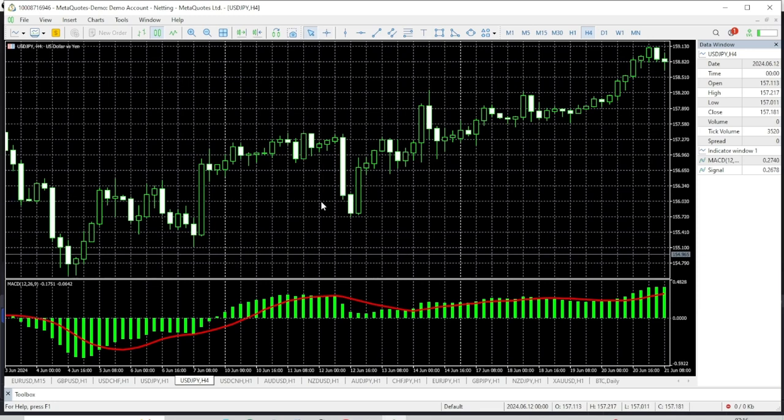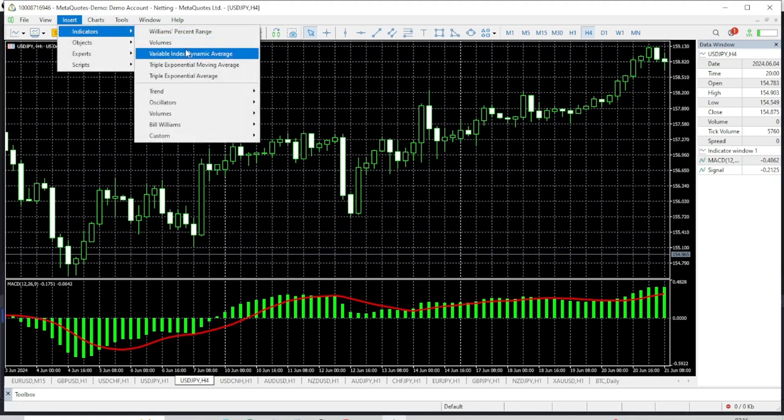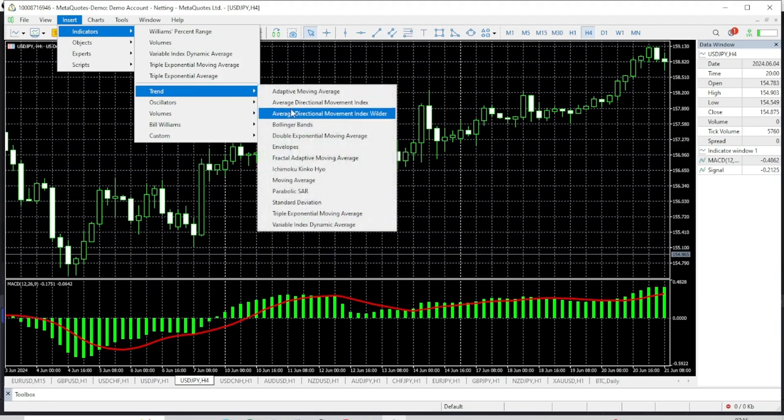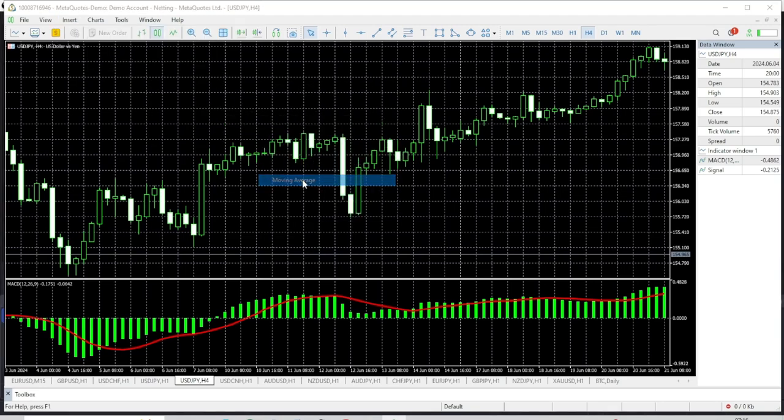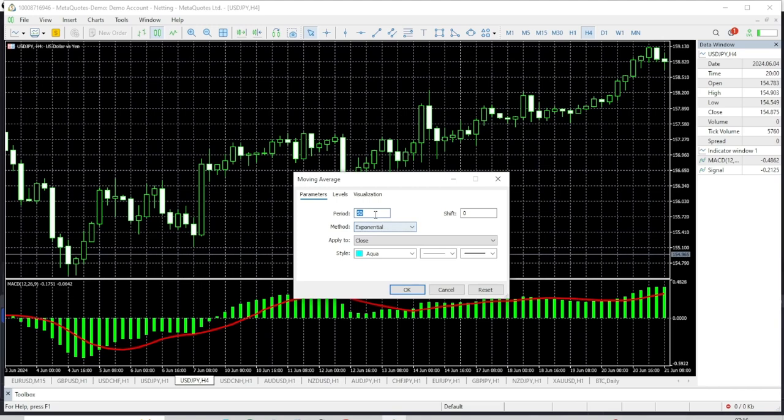So one of the indicators we are going to be using to confirm the uptrend is the exponential moving average 240. Okay, let us insert that and see. Insert indicator, moving average, period 240.